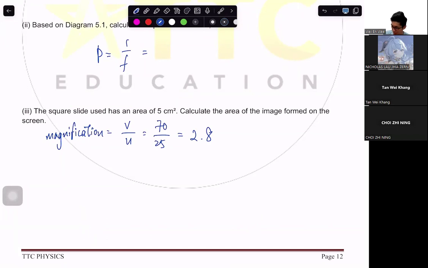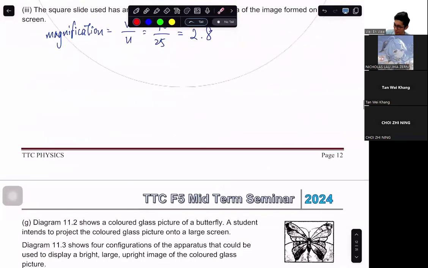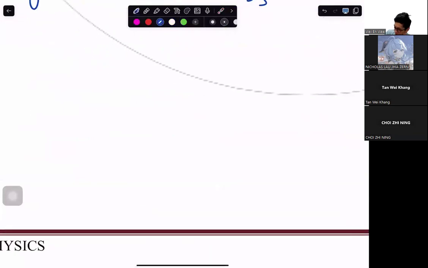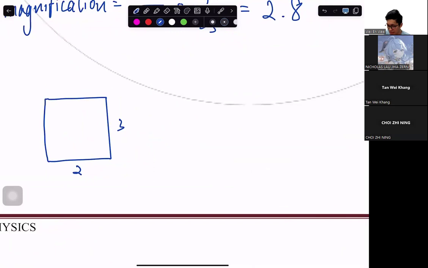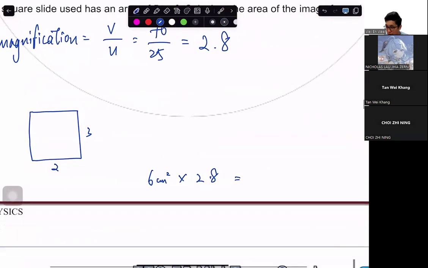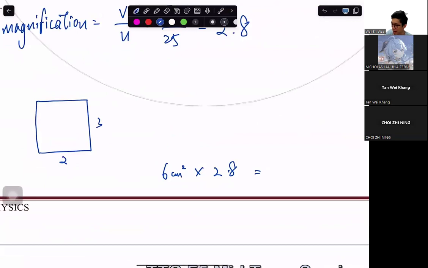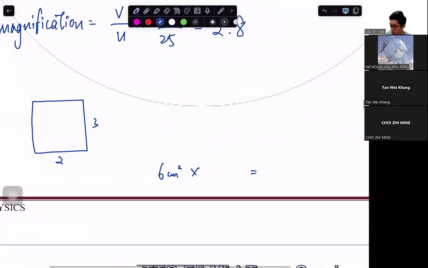Okay, so you see, this slide, I want you to imagine it like that. Let's say the slide is 2 times 3. What is the area? The area is 6 ma, correct or not? 6 cm square. Never mind, I just want to make it simple. So let's say the magnification is 3. 3 times bigger, then it'll be 18 ma.